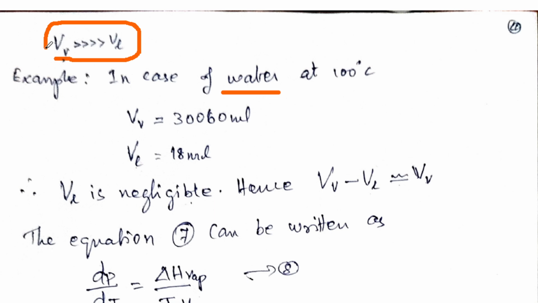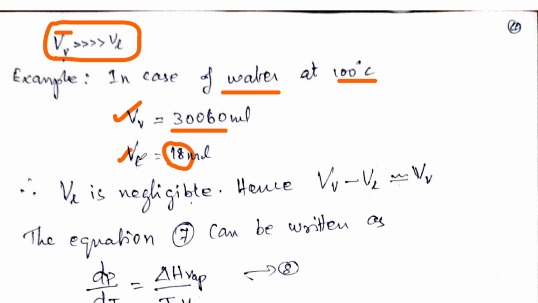For example, in the case of water at 100 degrees Celsius, the volume of vapor will be more than 30,000 ml, that is the volume occupied by 1 mole. But the volume of liquid is just 18 ml. If you compare VV and VL, VL becomes negligible.